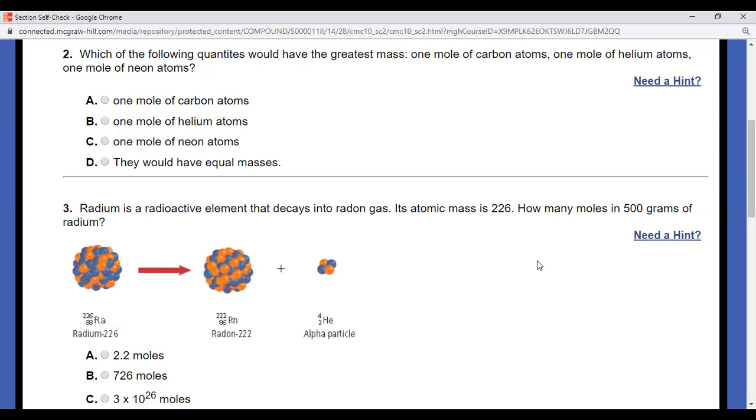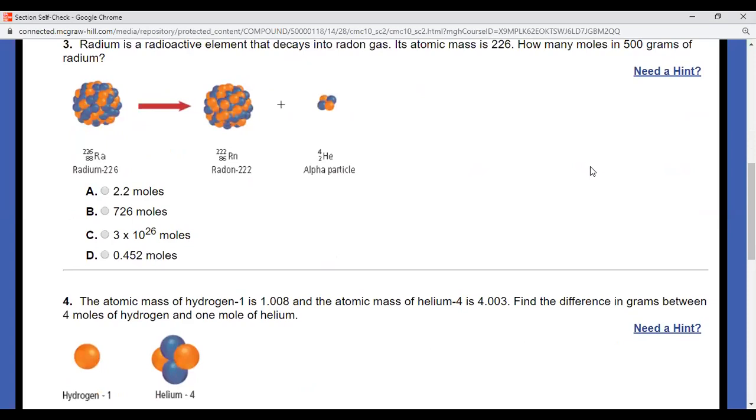Greatest mass. 1 mole of carbon, 1 mole of helium, 1 mole of neon. 1 mole of carbon. Yes, okay, 1 mole of carbon.